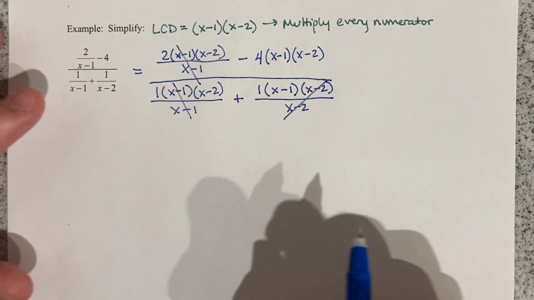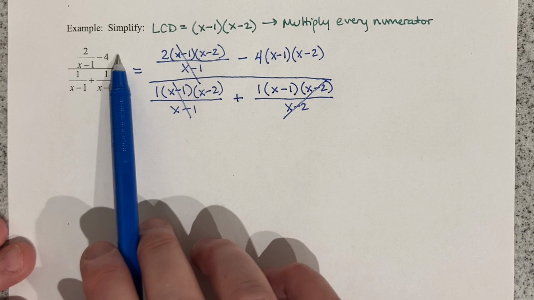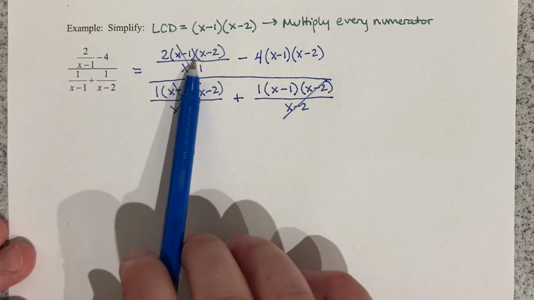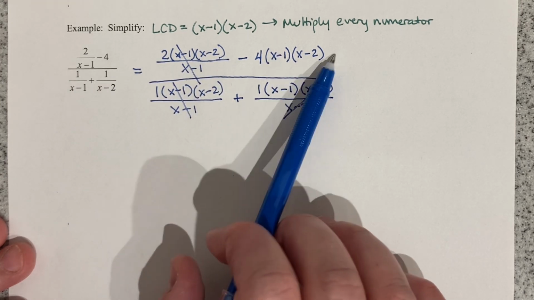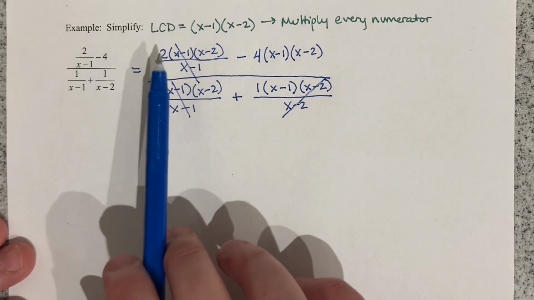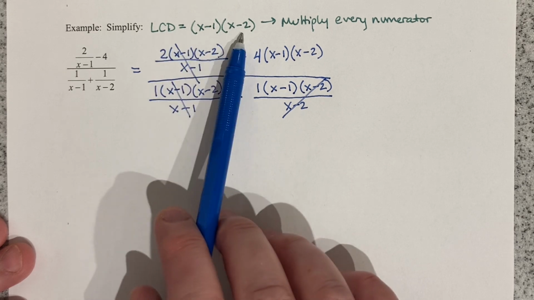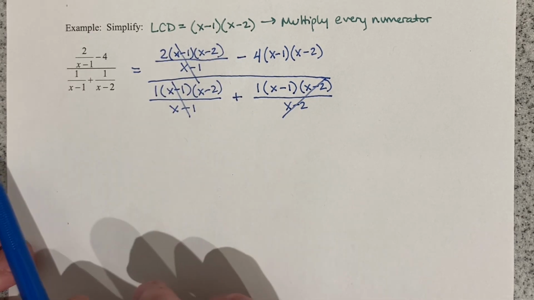Those cancel. All right, so let's step back and make sure we see what I did. Every single top of every fraction I multiplied by that same common denominator. And what that did is made the fractions cancel. That was the whole point and why we chose to multiply by this, so that now there's no more fractions.